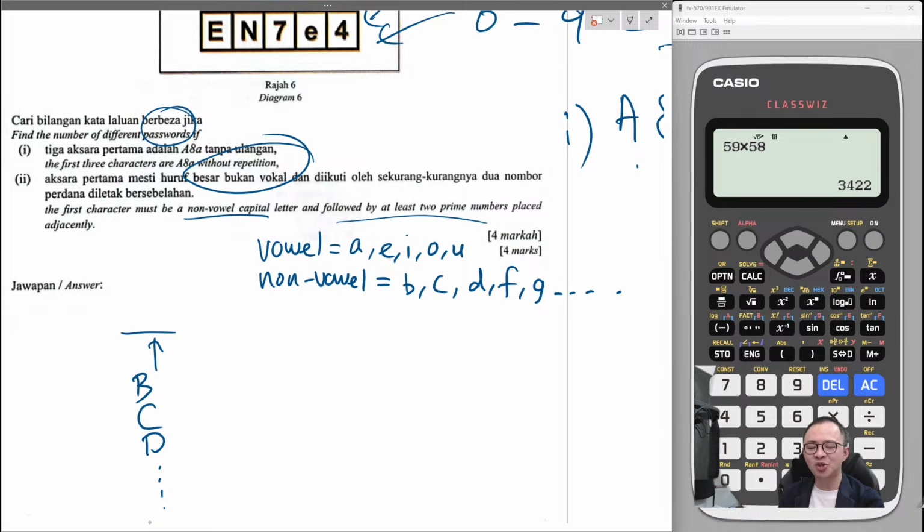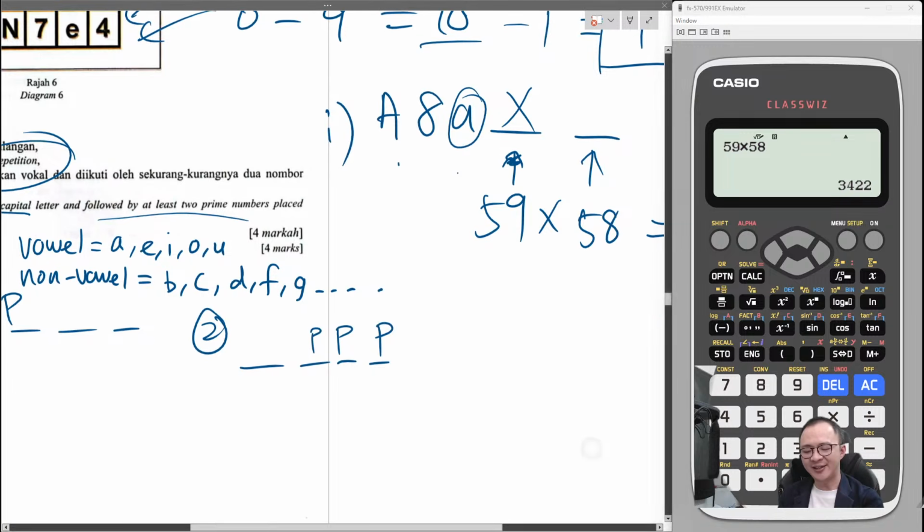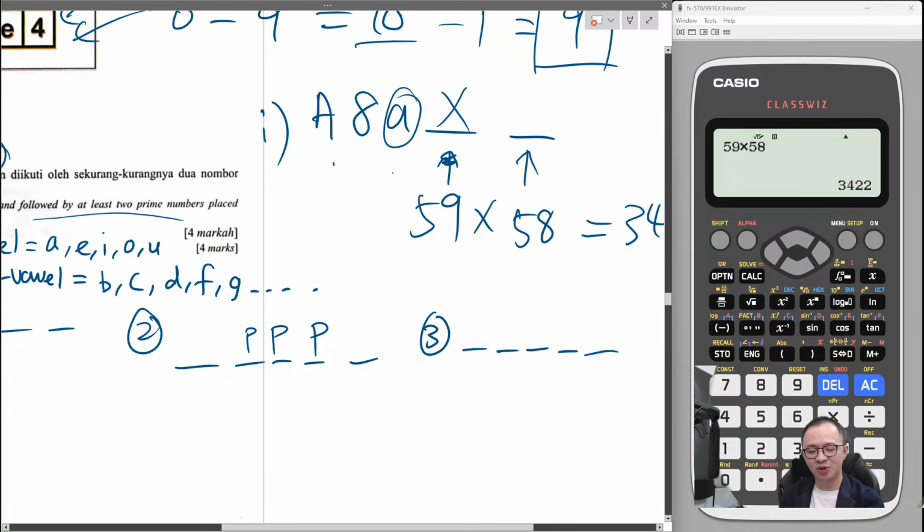Followed by at least 2 prime numbers. That means I can be followed by 2 prime numbers, case number 1. Case number 2, I can be followed by 3 prime numbers. Then case number 3, I can be followed by 4 prime numbers, because they say at least 2 prime numbers, right?